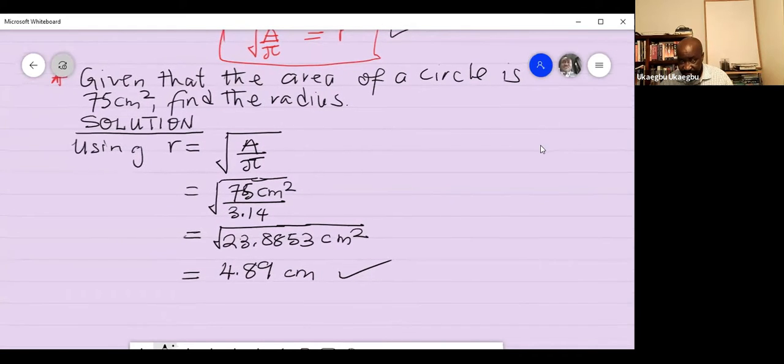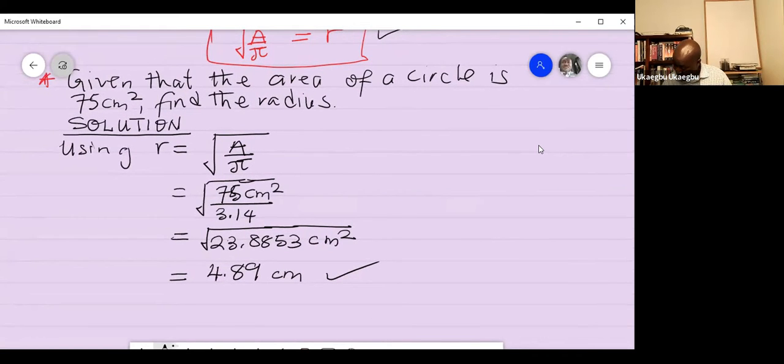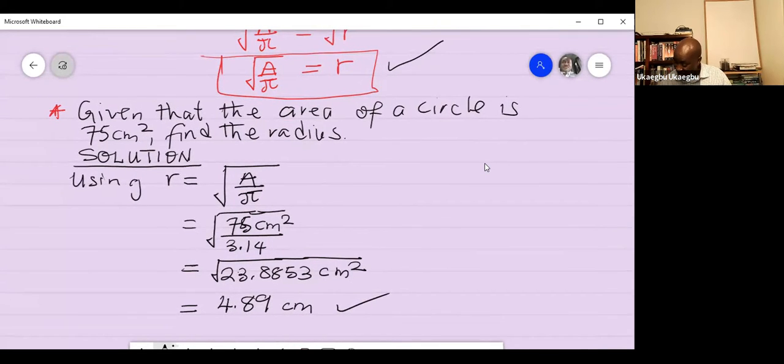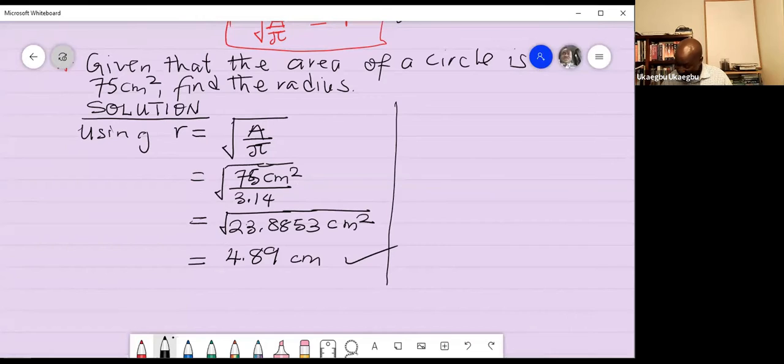Now let's do it the traditional way, the old school way that you guys solve the problem. We are starting with area equal to pi r squared, and they gave us area to be 75, equal to pi, which is 3.14, multiplied by radius squared.